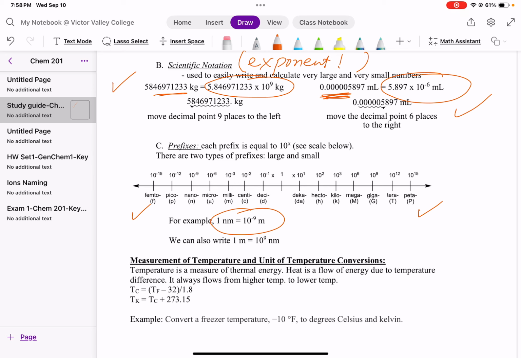Conversions. If you do 1 nanometer, nano means 10 to the minus 9. You can also do the positive, but you have to swap them, right? Because for 1 meter, you put the meter to the left and then nano to the right. You can do that if you feel comfortable with that conversion.